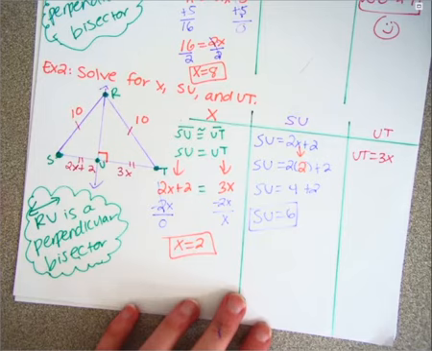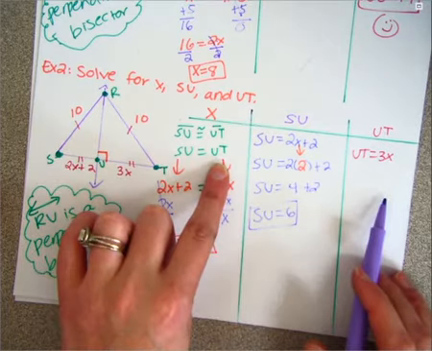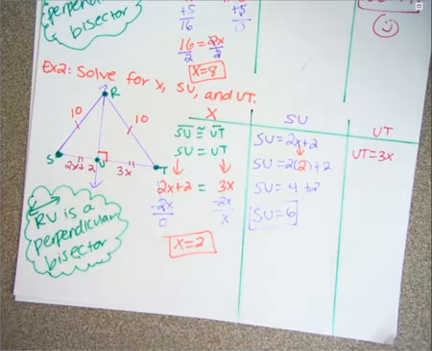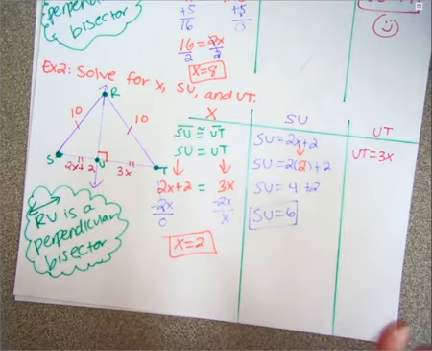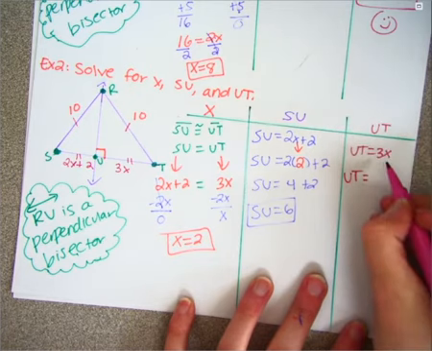We know that the lengths of SU and UT are equal, so technically UT should be 6, but it doesn't hurt to check, right? We make mistakes. It's good to check to make sure you did it right. So I'm going to replace X with 2.